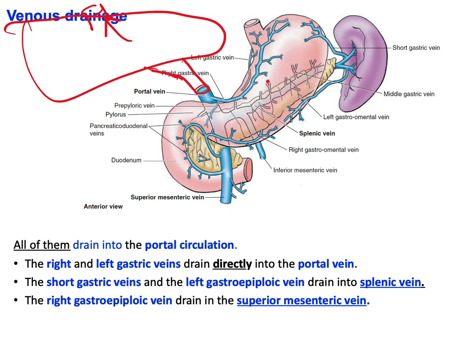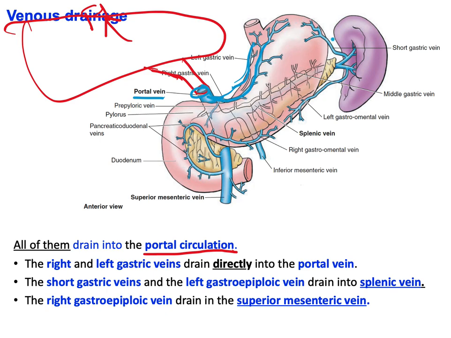So the blood drains ultimately to the portal circulation. The left gastric vein accompanies the left gastric artery. So you have the left gastric vein and the right gastric vein, and those drain directly into the portal vein itself, right?